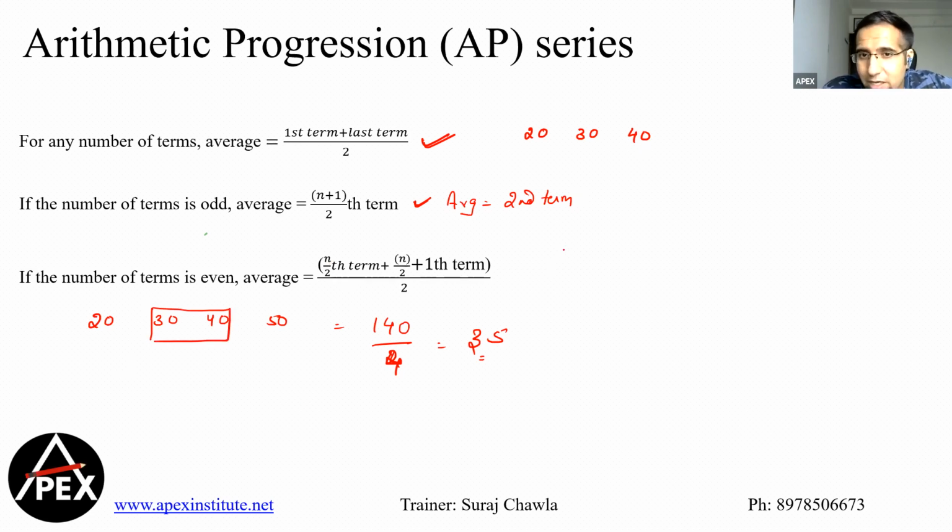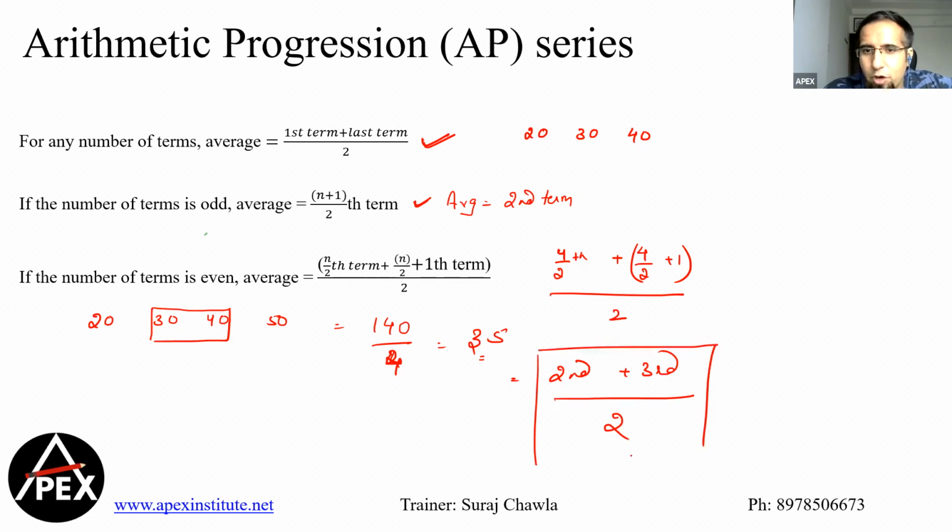The 4 by 2th term, that is the second term, plus the next term by 2. So the second term plus the third term divided by 2 is going to be your average. So these are three different formulas to calculate the average of any series in arithmetic progression.